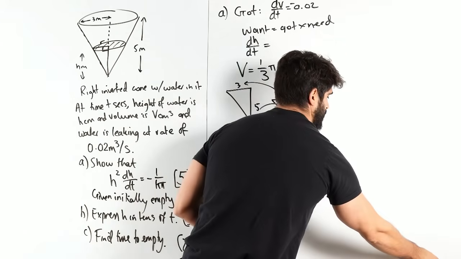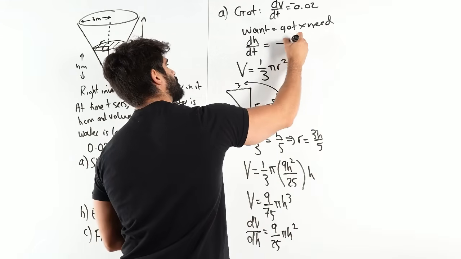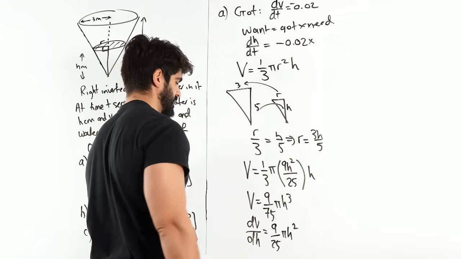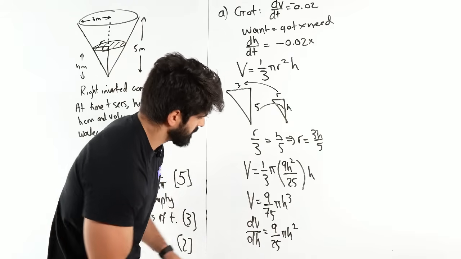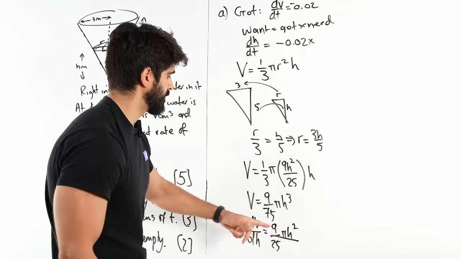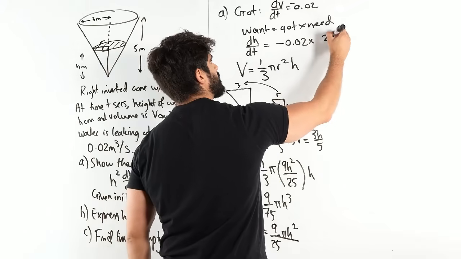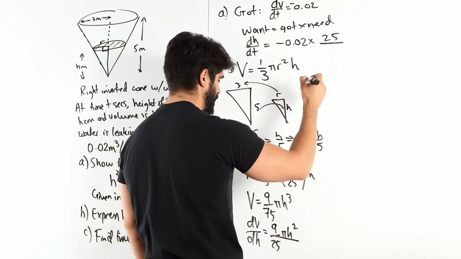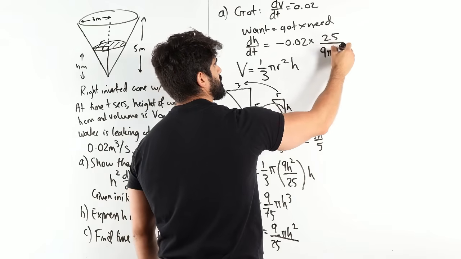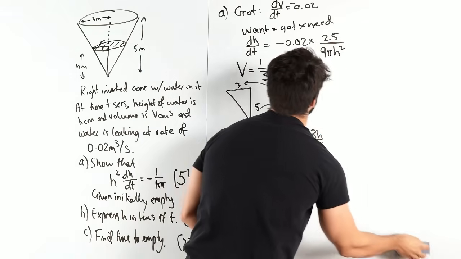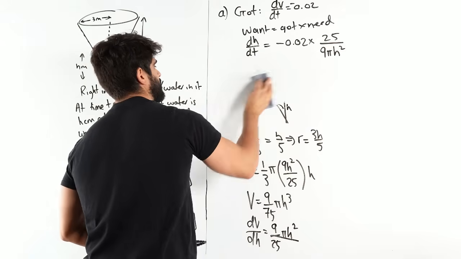So we get minus 0.02 times, now this is all over 25. So when we flip it, we get 25 over 9 pi h squared. All right.